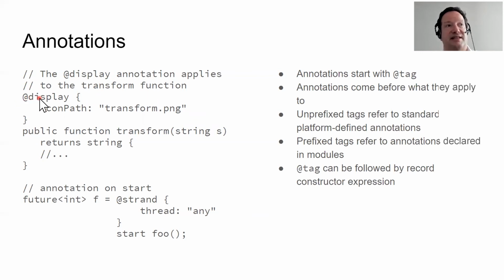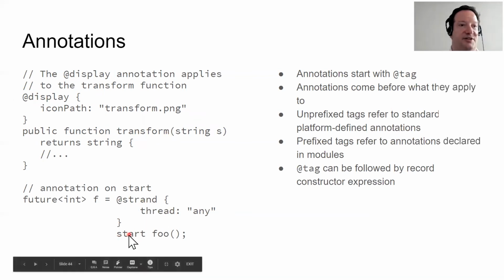So @ has a tag, and then a record that you can put after it, and this applies the annotation to this function. This one is putting another annotation on a start, saying something about how you can schedule this.